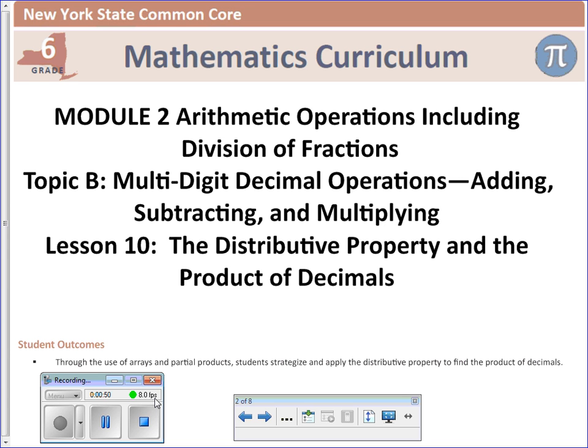So today we're going to look at a new way to multiply decimals so that you understand the distributive property. And then to give you a little sneak peek, when we get into algebra, we're going to use this distributive property in algebra. But right now we're just going to practice the distributive property using multiplication of decimals.